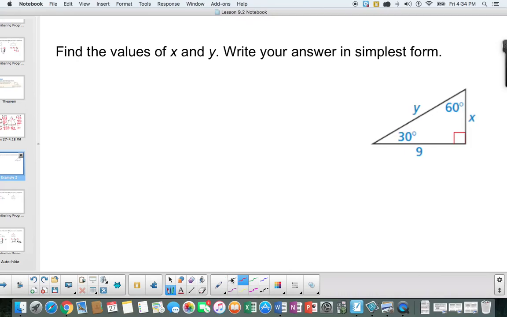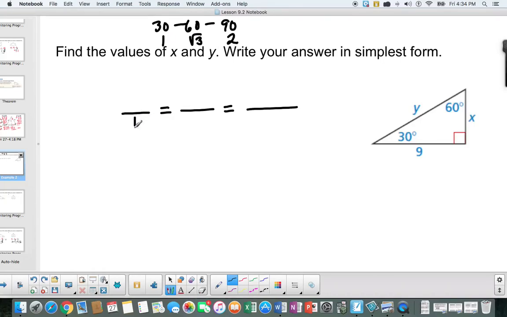Okay, step 1 is to set up the triangle. So remember, we're working with a 30, 60, 90 triangle, and we know the relationship is if we call this 1, then this is going to be twice as big, and this is going to be root 3 times the short leg.